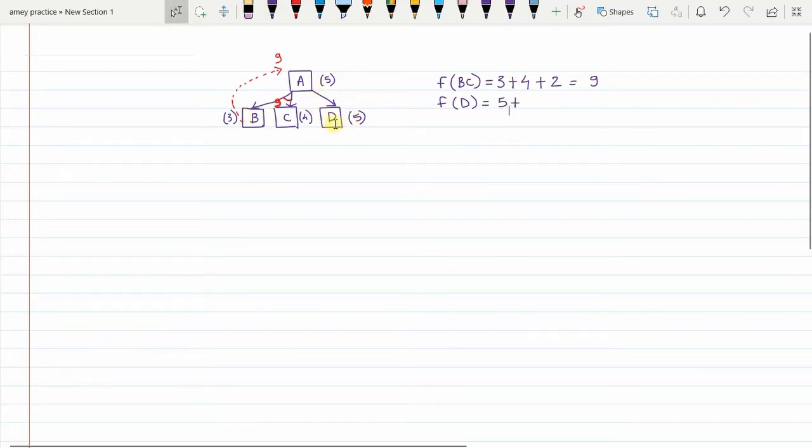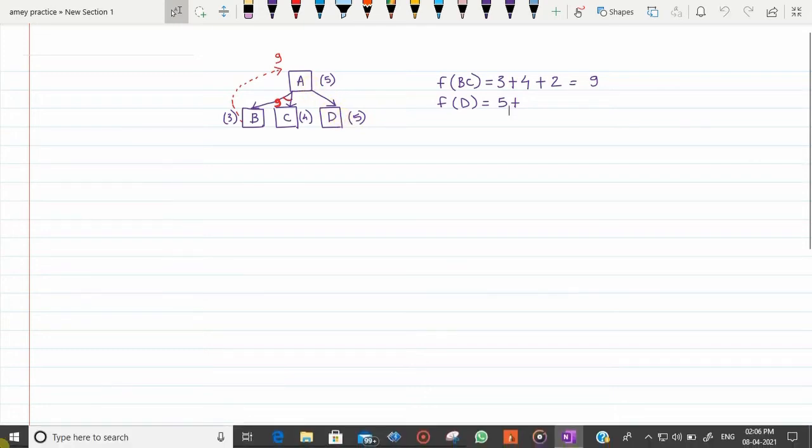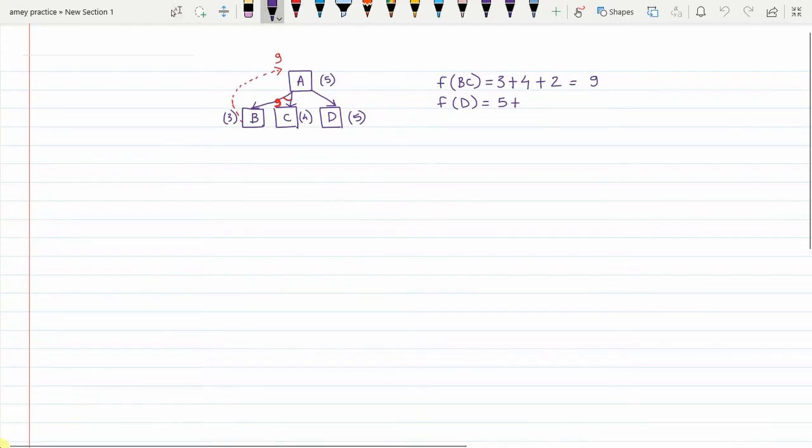The value that will be backed up to the parent A from D will be the heuristic value, 5, plus 1, the cost along the edge connecting A with D. So 5 plus 1 will be 6. So the F value of the node D will be 6, and the value that will be backed up to the parent will be this value 6, correct?